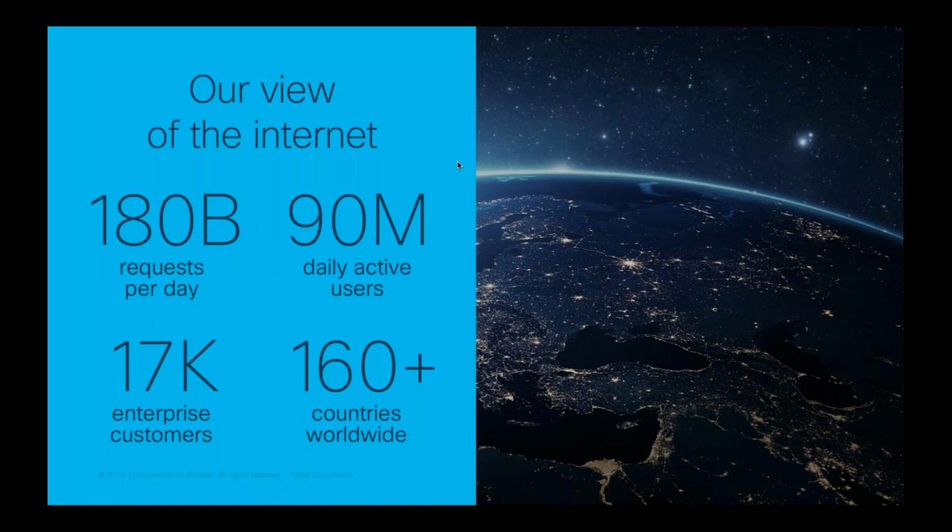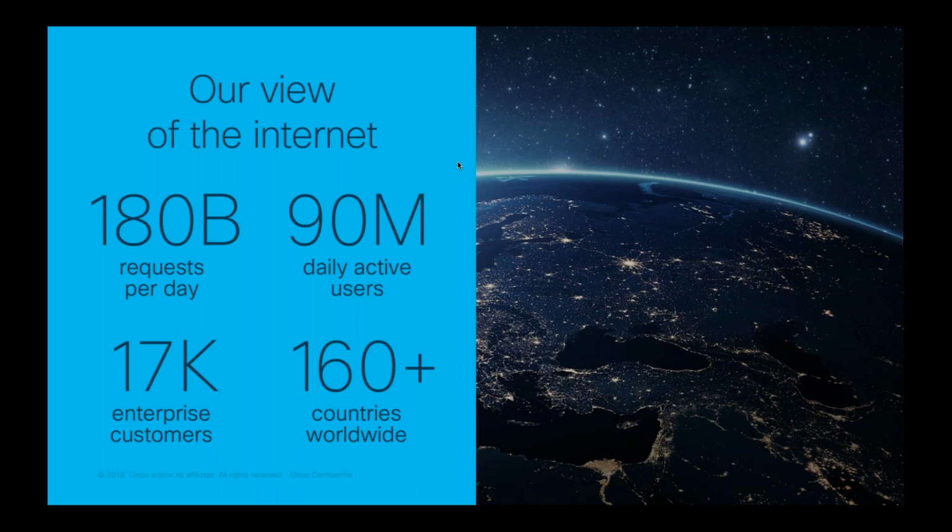And this is really unique and kind of the bread and butter of what makes Umbrella unique. There's a lot of products out there that have a tick mark of doing DNS-based security, but really it's just a tick mark. And our threat intelligence is pretty unique in that we're one of the largest global DNS providers in the world. We see traffic from all over the world, pretty much any country that has internet.